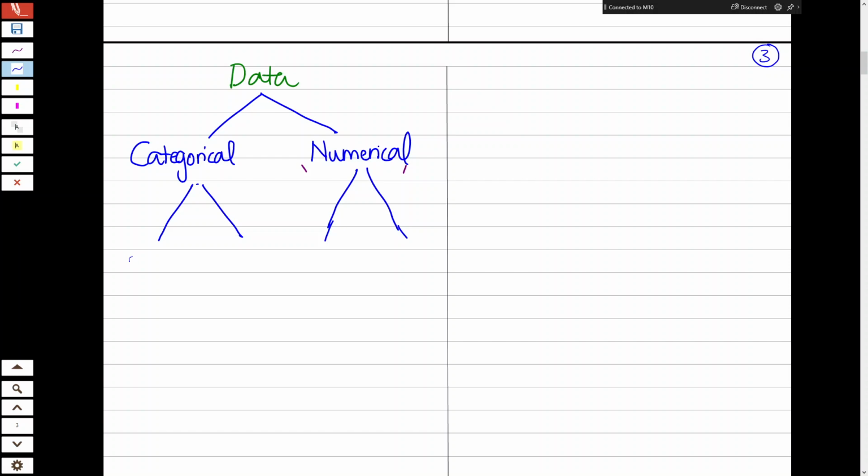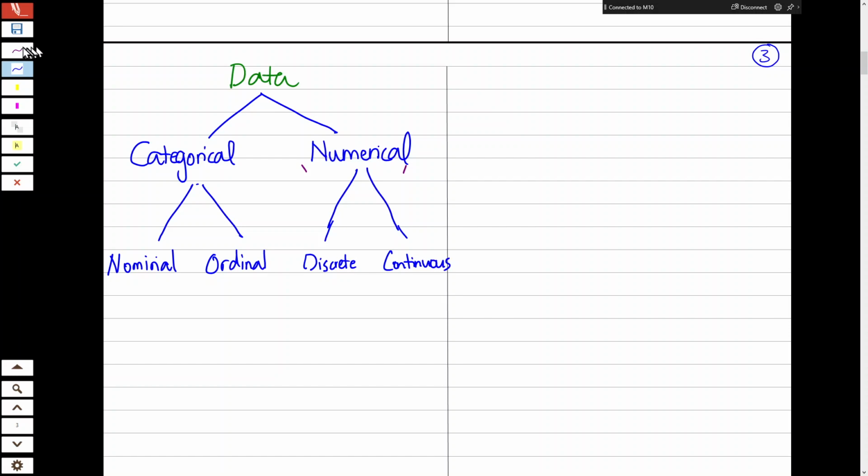So I actually think telling the difference between these is easier. What's the first one? Nominal. I'll write it more clearly for you.